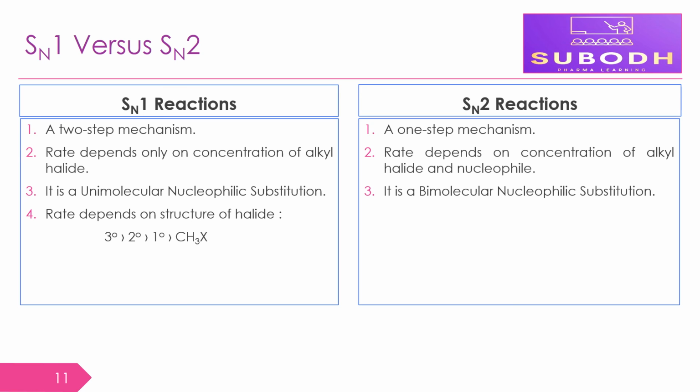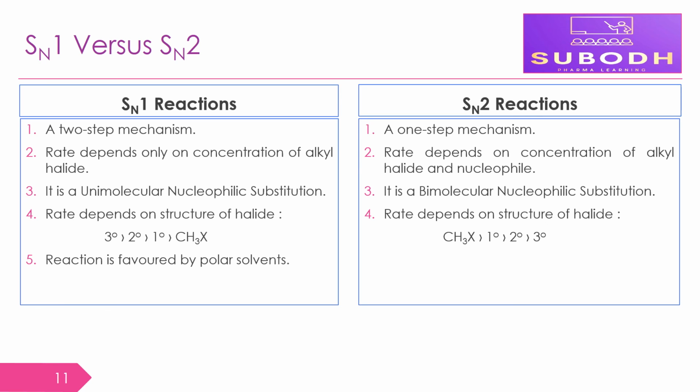In SN1 reaction, the rate of reaction depends on the structure of halide, that is, tertiary halides, secondary halides and primary halides. And in SN2 reaction, the rate of reaction depends on the structure of halide, that is, primary halides, secondary halides and tertiary halides.